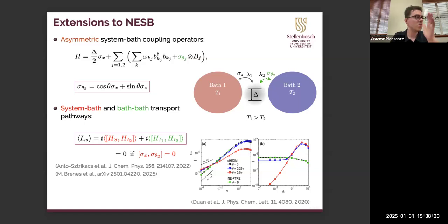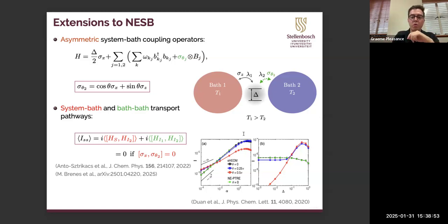And this axis shows the average heat current in the steady state regime. In the basic model that I showed on the previous slide, where these two operators commute, the steady state heat current exhibits a quadratic scaling in the system-reservoir interaction strength, lambda. That's represented by this red line.